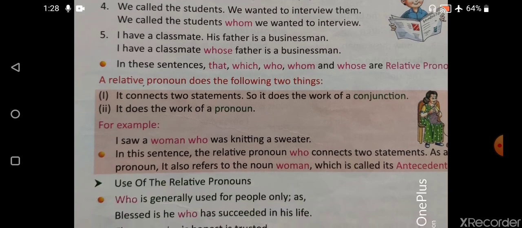Here the relative pronoun connects two statements, so it does the work of a conjunction and it does the work of a pronoun. I saw a woman who was knitting a sweater. In this sentence, the relative pronoun who connects two statements, that I saw a woman, she was knitting a sweater. It also refers to the noun woman, which is called its antecedent, right?